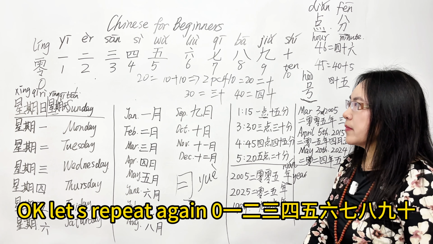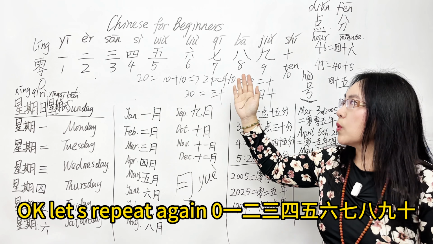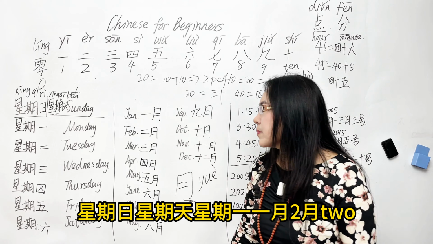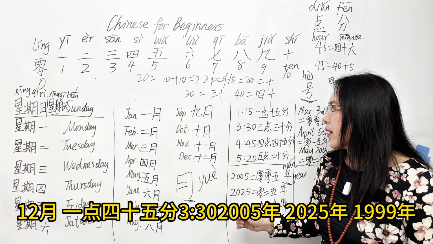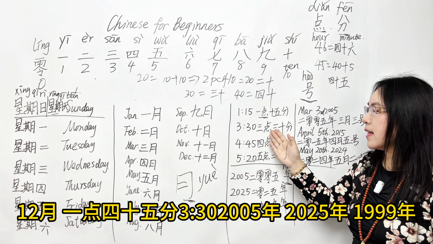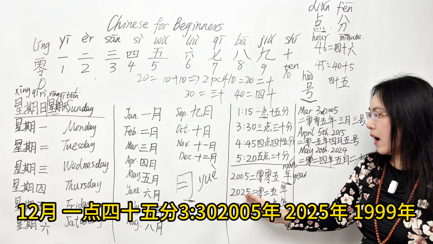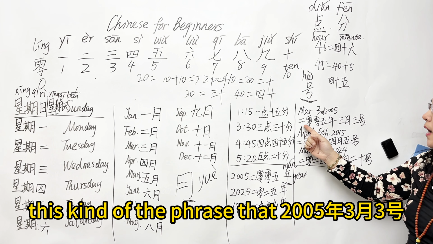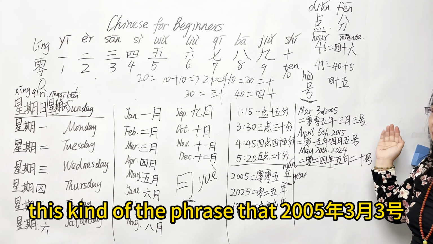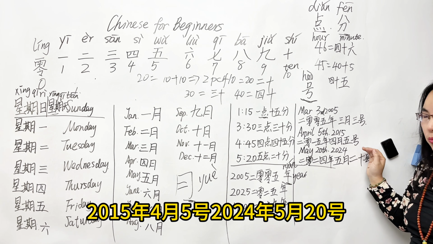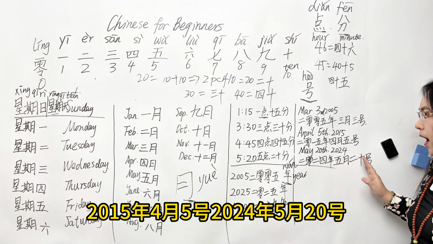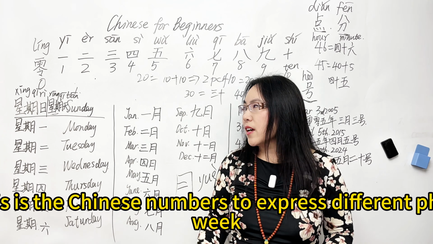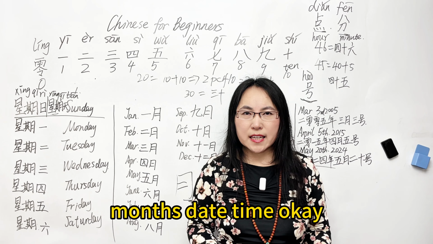Okay, let's repeat again: 0 1 2 3 4 5 6 7 8 9 10, 星期日, 星期天, 星期一, 1月, 2月 to 12月, 1点15分, 3点30分, 2005年, 2025年, 1999年. And the phrases 2005年3月3号, 2015年4月5号, 2024年5月20号. So these are the Chinese numbers used to express different phrases: week, month, date, time.